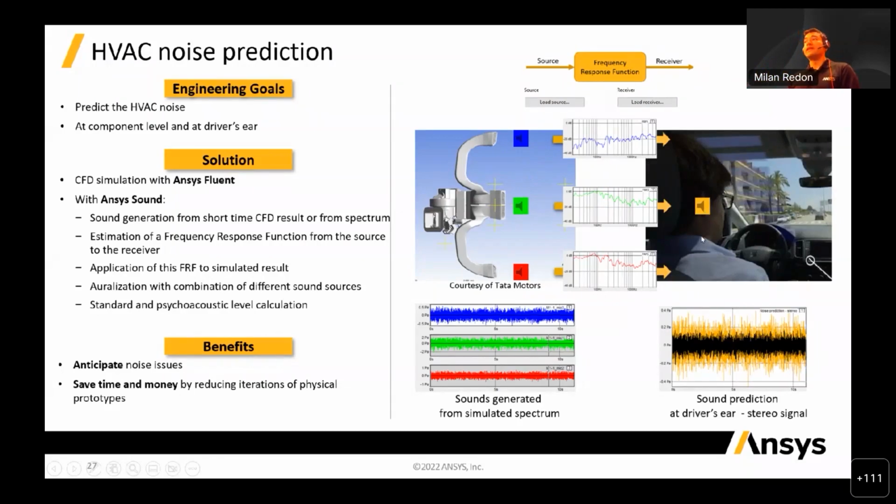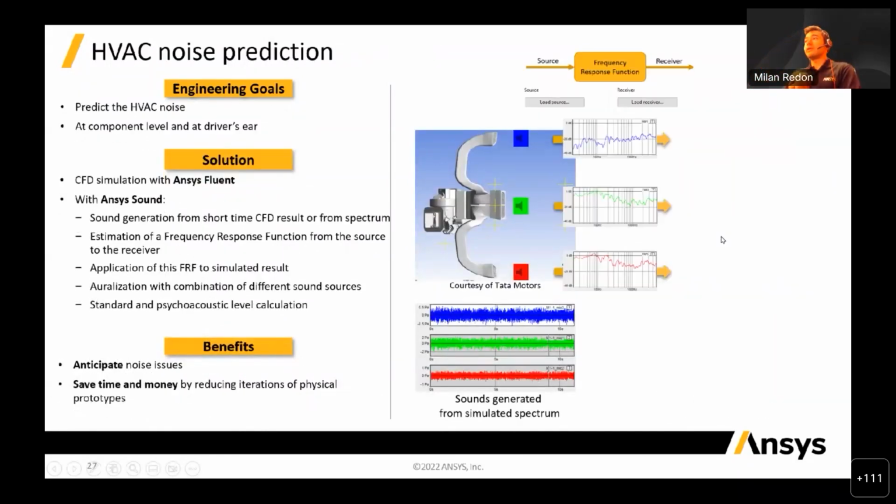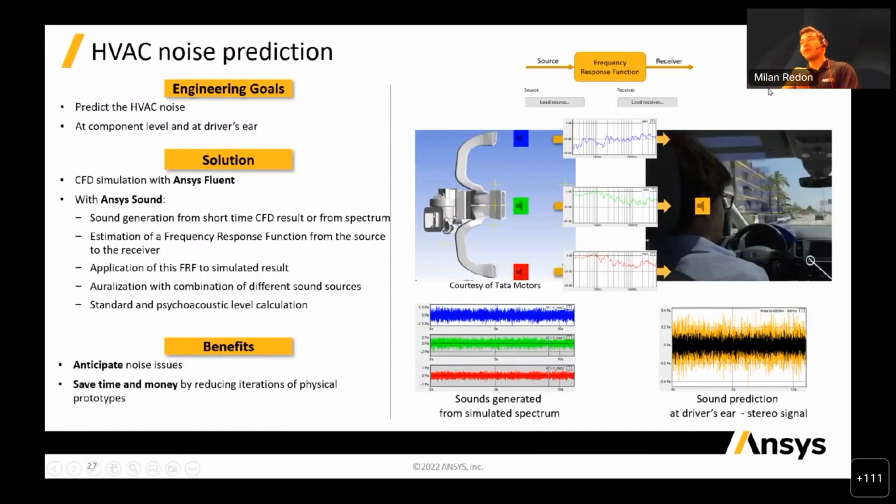The goal here is to avoid doing a heavy simulation of the whole system, which is quite long and complex, but only to apply a frequency response function to a simulation at component level to assess the sound at system level.